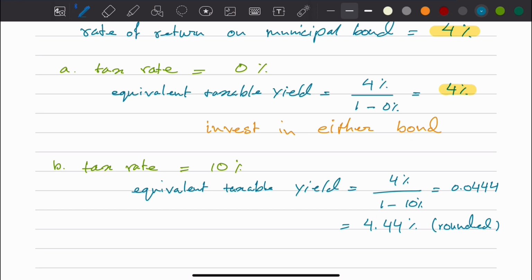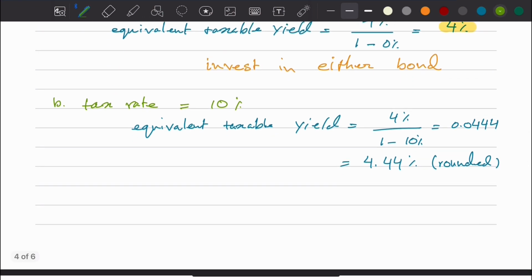Okay, then he will need to have another offer for the corporate bond, or he needs the yield on a corporate bond to be at least 4.44% to compete with that municipal bond. So if he receives an offer to invest in a corporate bond that offers him, let's say, 4.1%, he is better off investing in the municipal bond. Okay.